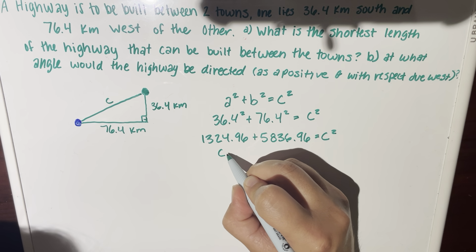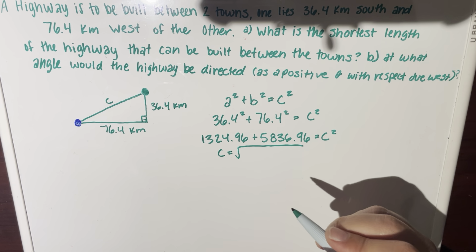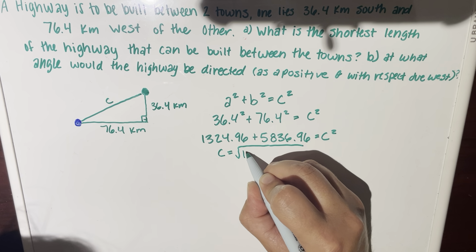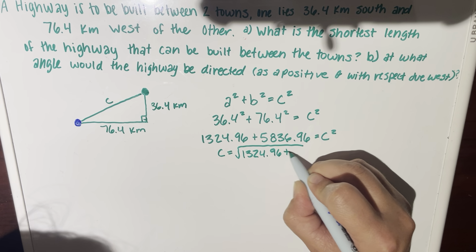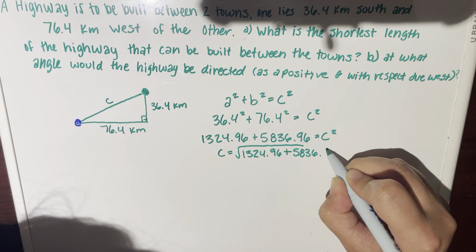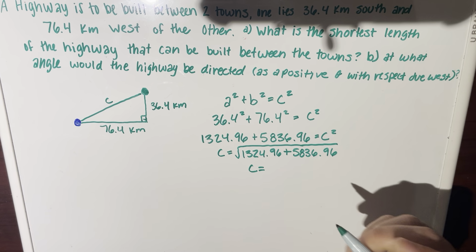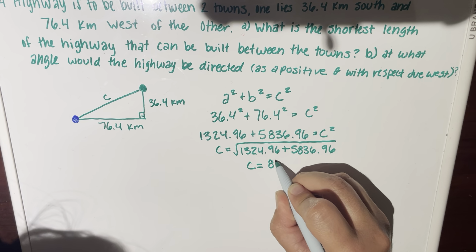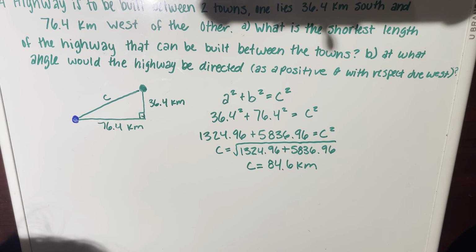So we get that c is going to equal the square root of the sum of these, so we get c equals about 84.6 kilometers.